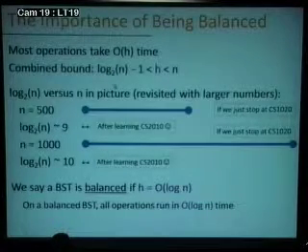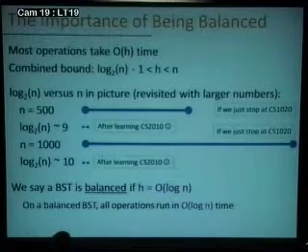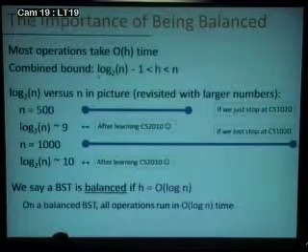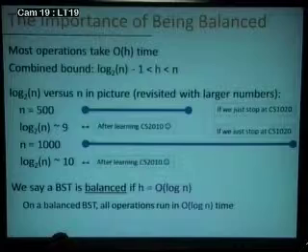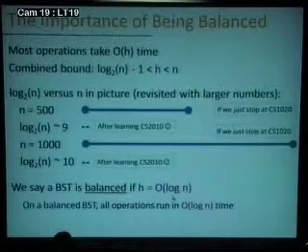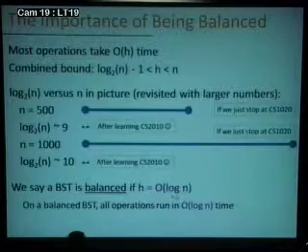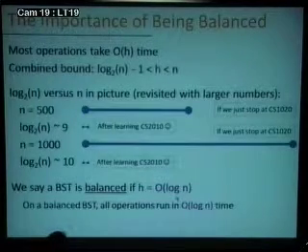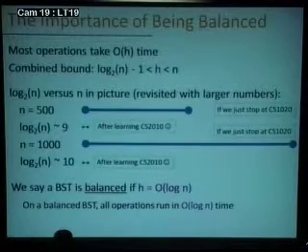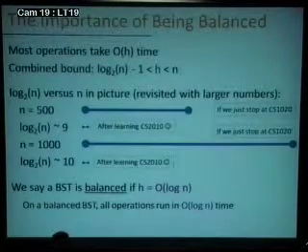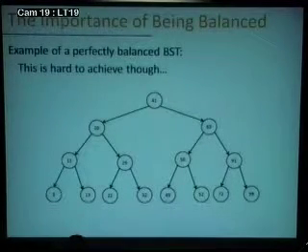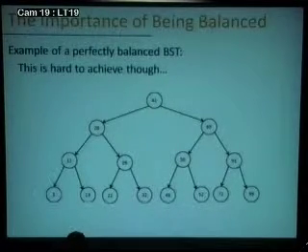But our tree will also be classified as a balanced tree if we can play around with the constant c times log n, so that our tree is a constant factor of log n. So it's still bounded by the height of log n. And in this case, for AVL tree, that constant factor is just 2 log n. We will see in the next few slides. Right? So this is the perfectly balanced tree, which is very hard to achieve.